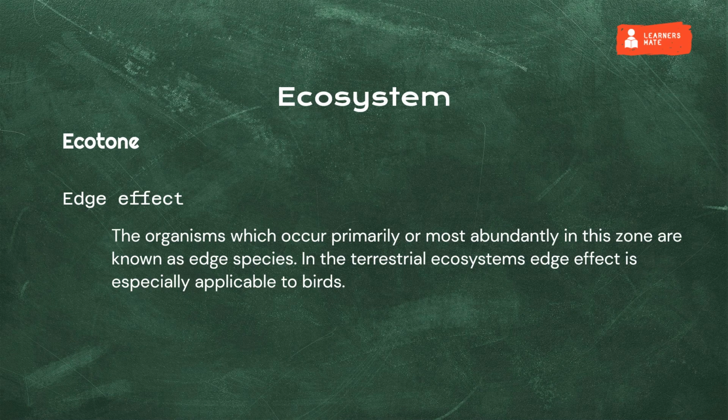The organisms which occur primarily or most abundantly in this zone are known as edge species. In a terrestrial ecosystem, edge effect is especially applicable to birds. For example, the density of birds is greater in the mixed habitat of the ecotone between the forest and desert.